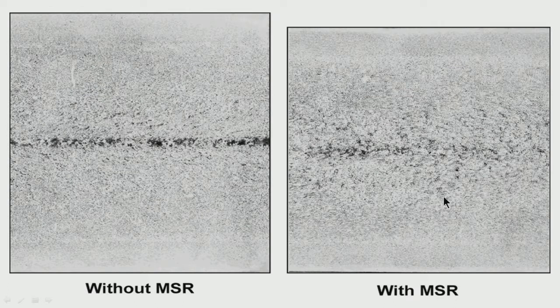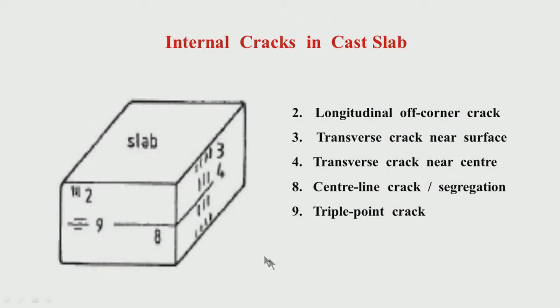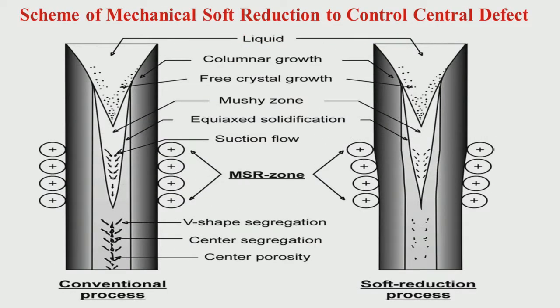I have mentioned that to take care of the central line crack and central line segregation, what is important is to use mechanical soft reduction. Where do you use it? You use it in the area where the final solidification is taking place.